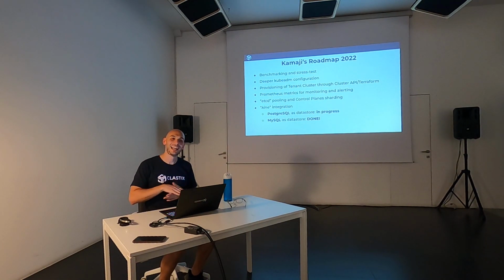So we know that etcd is not a viable solution to work at scale. If you need to work at scale and be sure that the customer data, because you're storing everything in etcd, is safe and replicated, you can use PostgreSQL or MySQL. We started with MySQL, but we are also working with Postgres because it's just a matter of dialect.